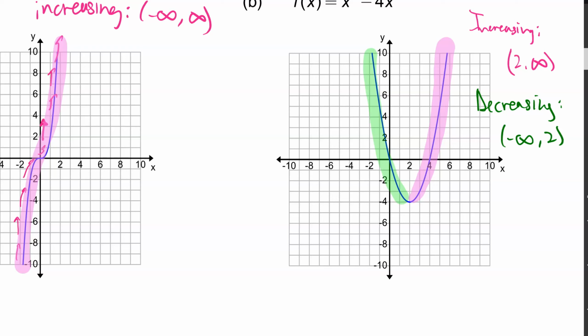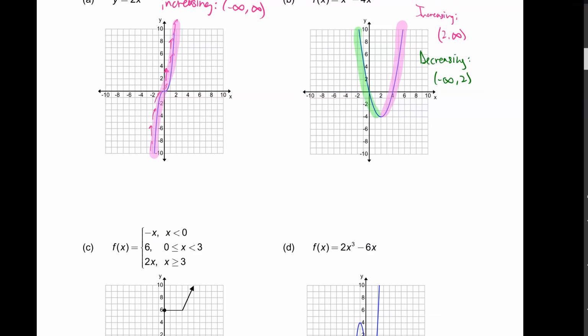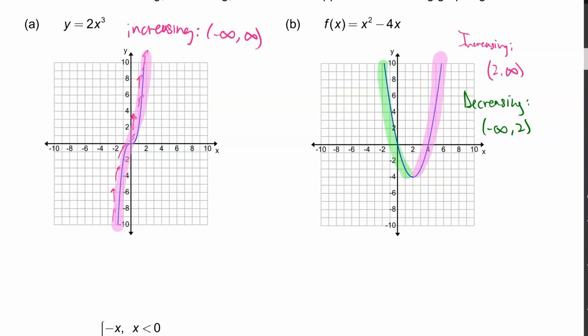Okay. Feel okay with this one? Yeah? If so, try out C. Try to do C yourself. Hopefully the color coding will help. I'll upload the solutions like this. Do you need more time to write? You good?